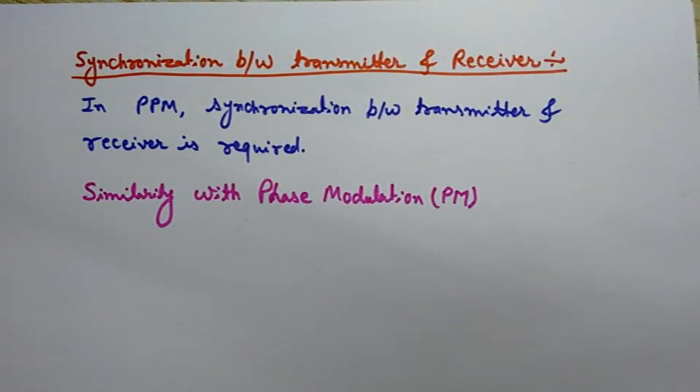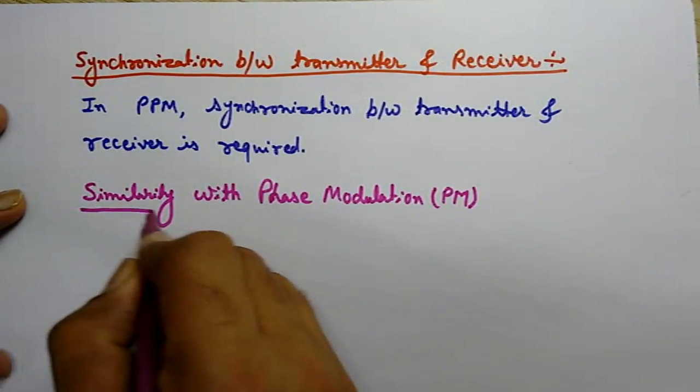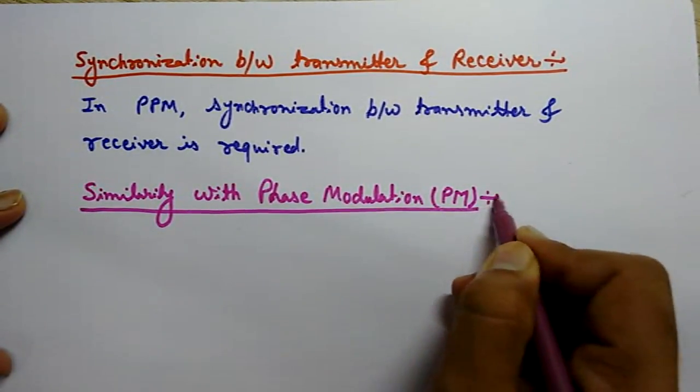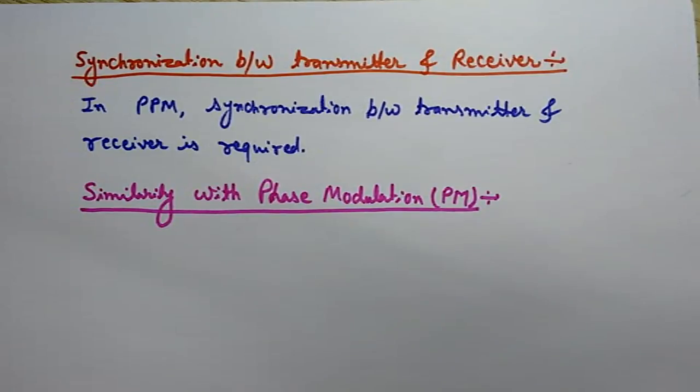Okay, because in phase modulation, the phase of the carrier wave changes according to the instantaneous value of the modulating signal. We know this. And what is phase? That phase change is nothing but simply the shifting of the signal position on the time axis.